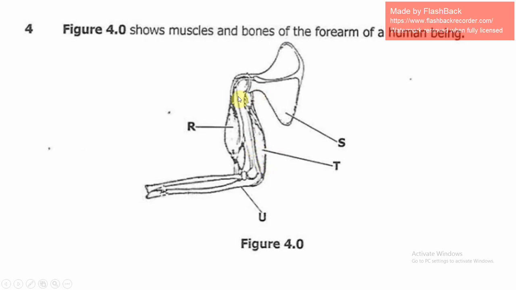Okay, this is the humerus. Then we have these 2 bones: bone U, which has been labeled, is the ulna, ULNA. Then the other bone, the top bone here, is the radius.